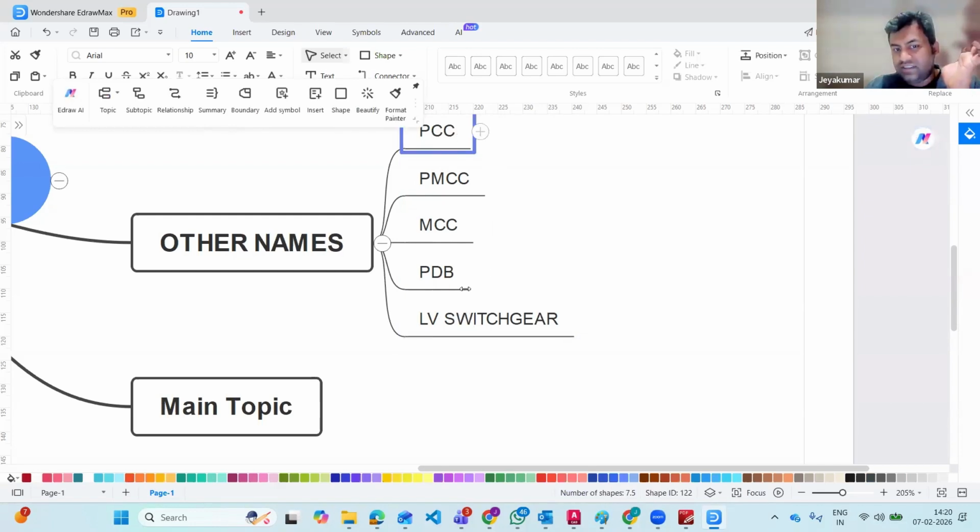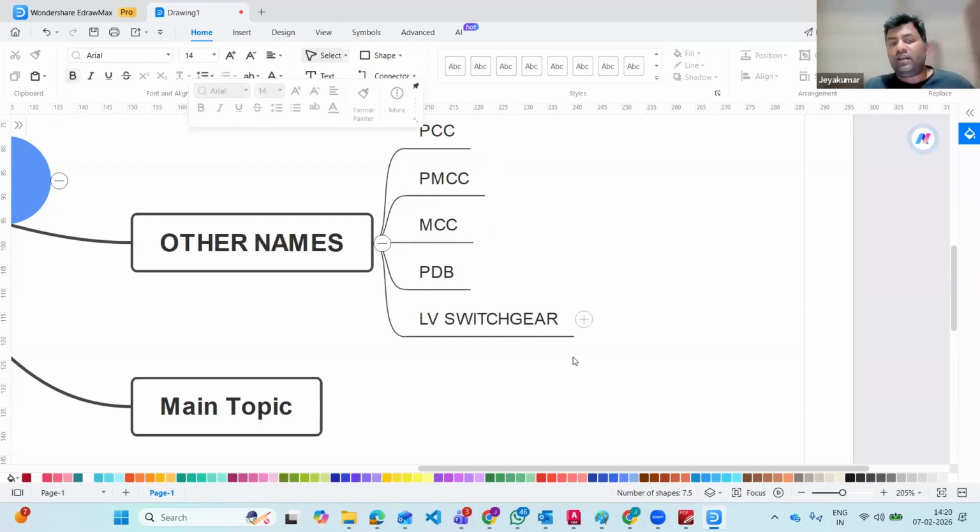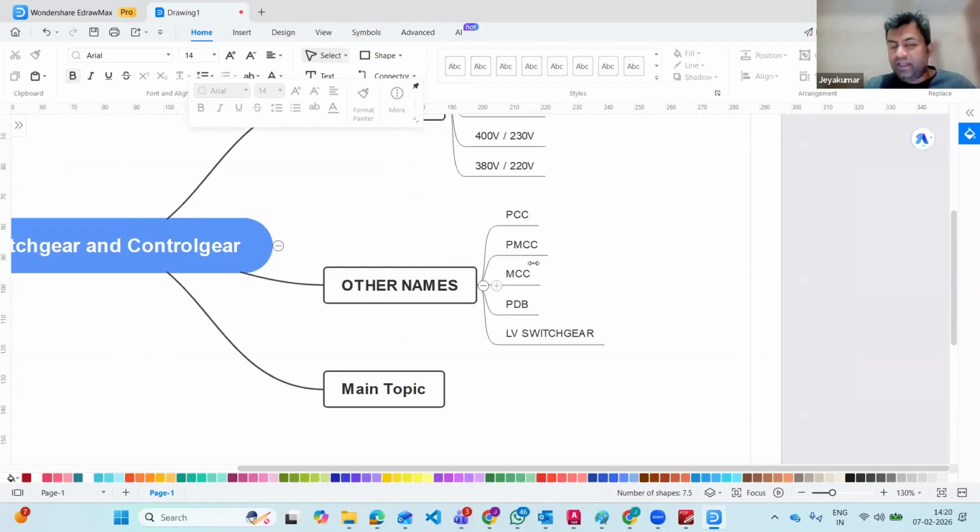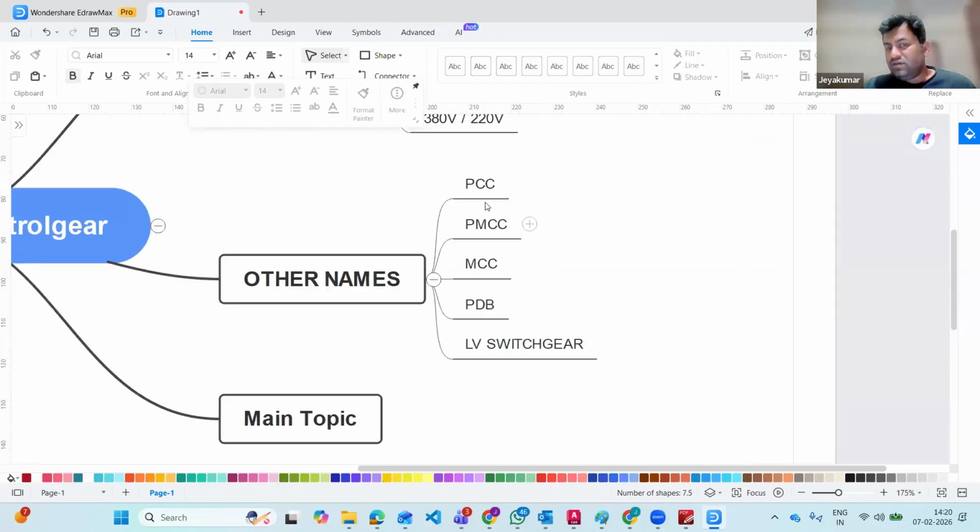Both are the same, PCC or LV switchgear, other names. But everything finally you can bring under one group, that is called LV switchgear and control gear, right? So people will call it by different names, but there is a different terminology that I will explain. Okay.